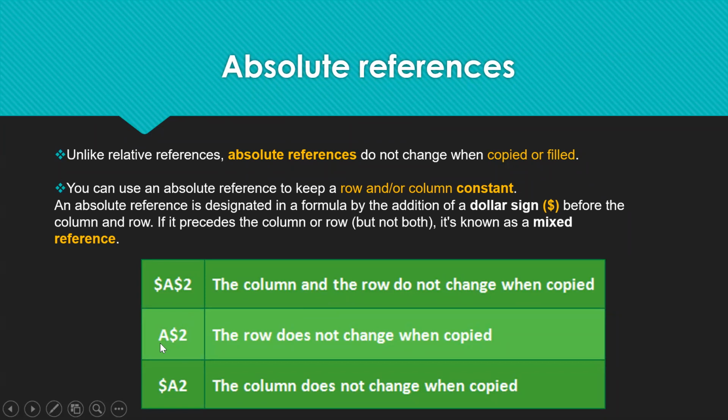But instead of keeping the column and row both constant, we can keep the row alone constant or the column alone constant. An absolute reference is designated in a formula by the addition of a dollar sign before the column and row. If it precedes only the column or row, it's known as a mixed reference.